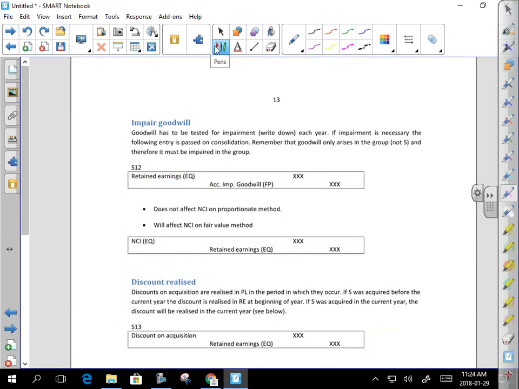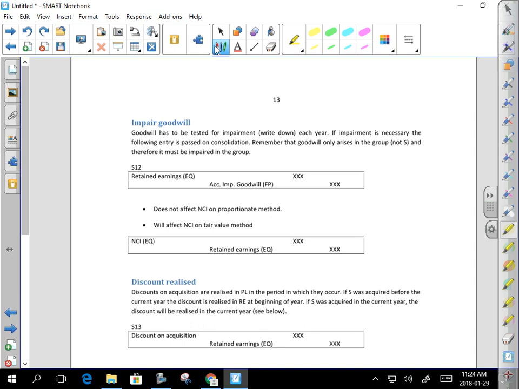Right. And then the third thing that we created in that at acquisition entry, which is something new, was either the goodwill or that bargain purchase, not so. It was that balancing figure. If you've got goodwill, which is an asset, that goodwill needs to be tested for impairment every year. All right.